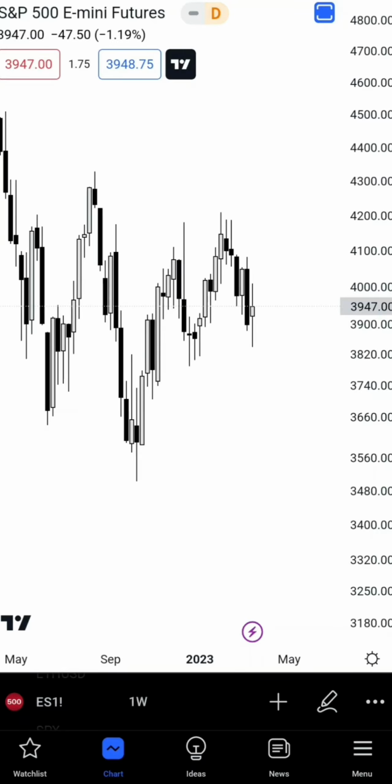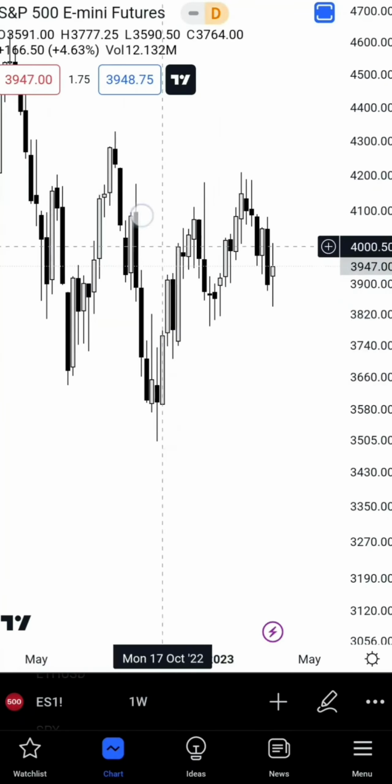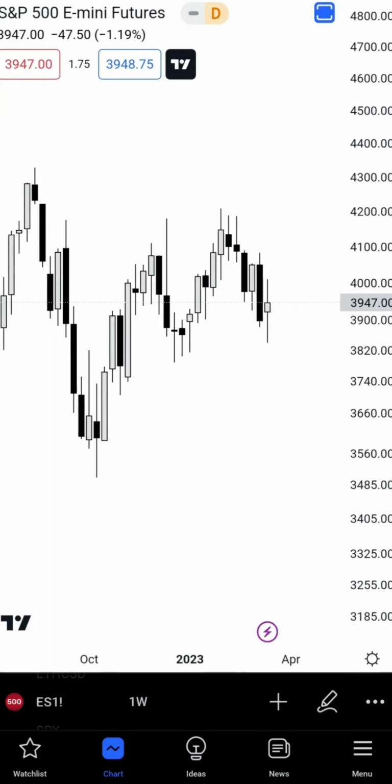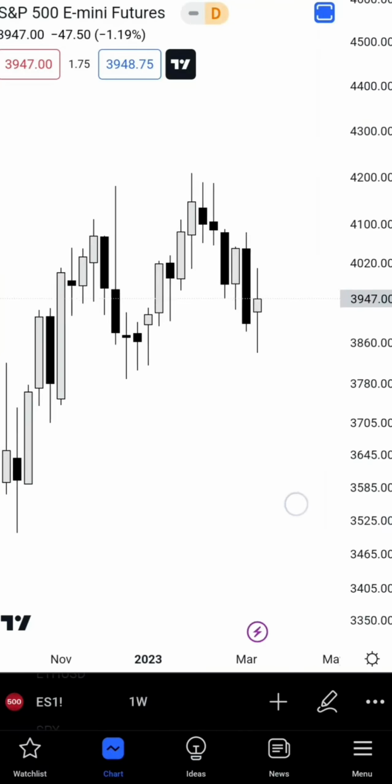Now, the fun thing is we're going to ignore all these candles. Most of these candles, they don't matter to us. We're looking at a 20, 40, and 60-day look back. Okay? So that's going to be around 12 weekly candles.